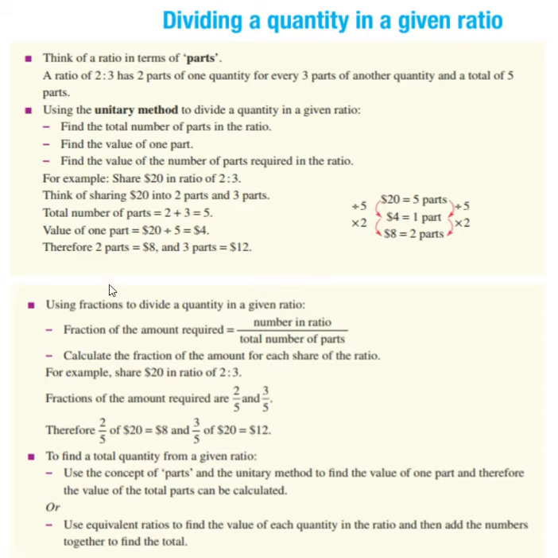So if you have a ratio which says it's 2 to 3, I want you to think about that as 2 parts of something as opposed to 3 parts of another quantity. Or something is shared in the ratio 2 to 3. That means that someone has 2 parts of it, someone else has 3 parts of it. But also that if we add those parts together, the whole amount will equal 5 parts.